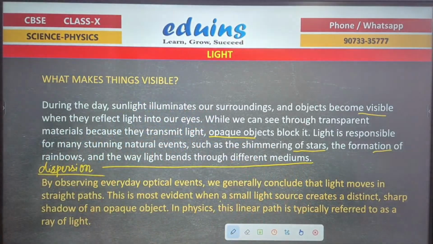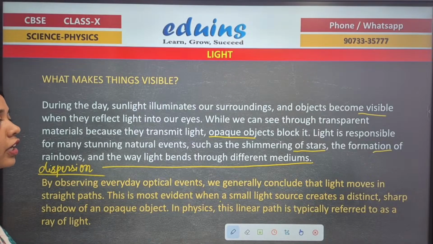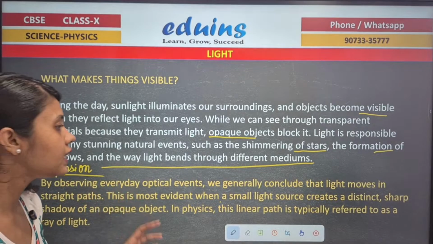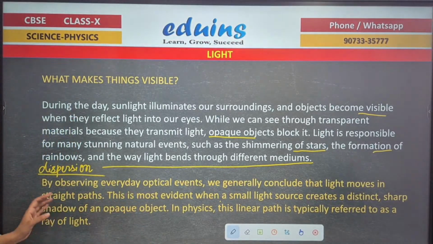Now, by observing everyday optical events, we generally conclude that light moves in straight paths. This is most evident when a small light source creates a distinct sharp shadow of an opaque object. In physics, this linear path is typically referred to as a ray of light.